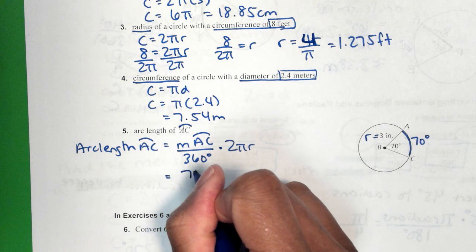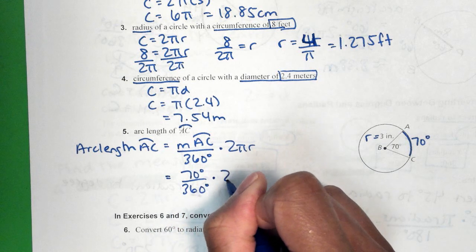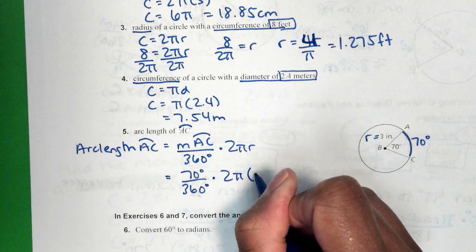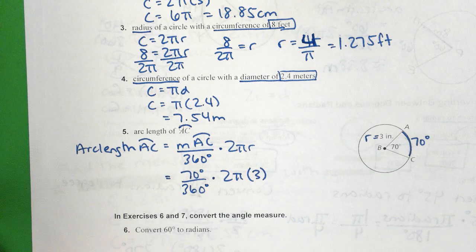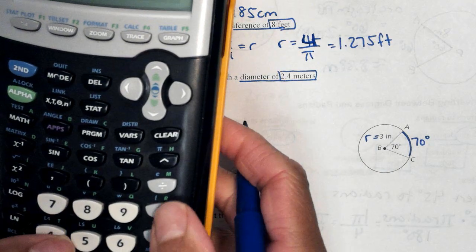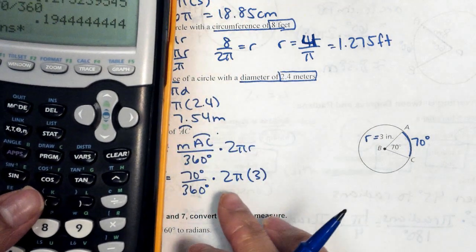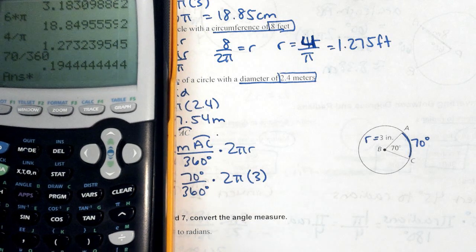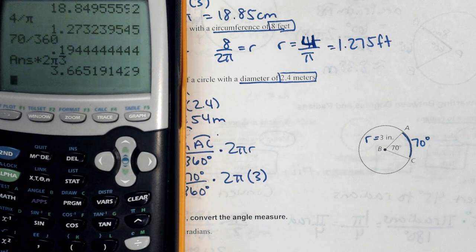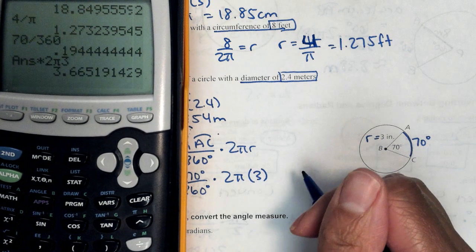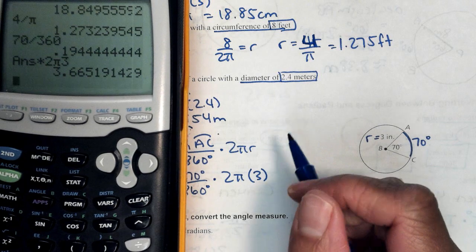So I have 70 degrees all over 360 degrees multiplied by 2 pi, and then I have 3 as my radius. So 70 divided by 360, and then I can multiply that answer by 2 pi times 3, and I end up with 3.66, or I can say 3.67.